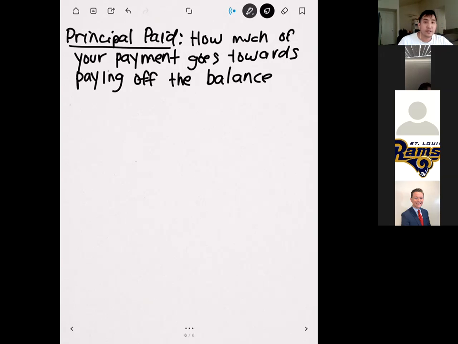The way that you compute this is you just subtract. You take your uniform series payment amount, your A, and you subtract the interest from it.